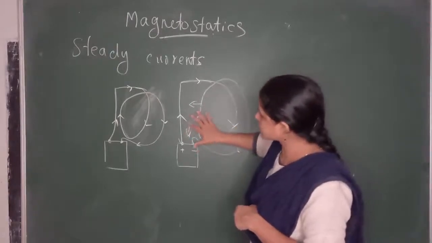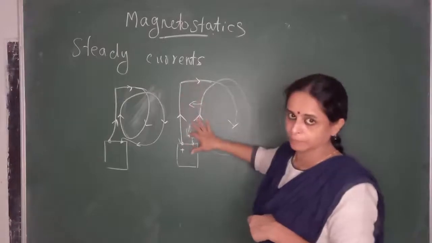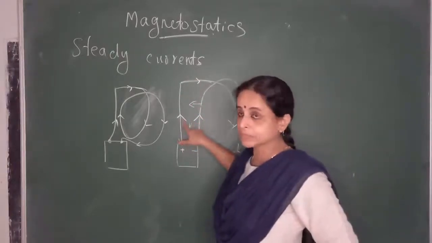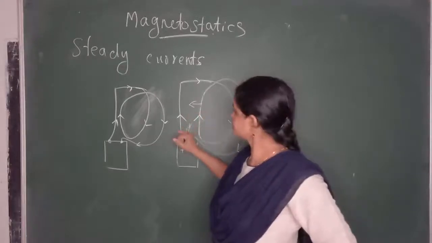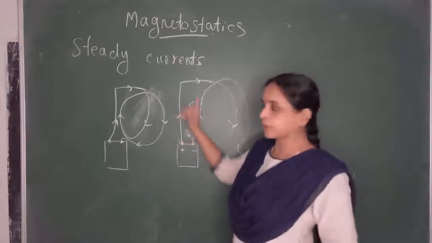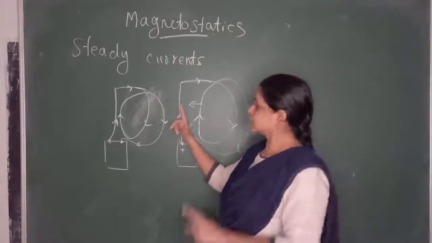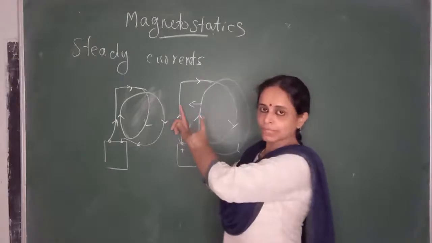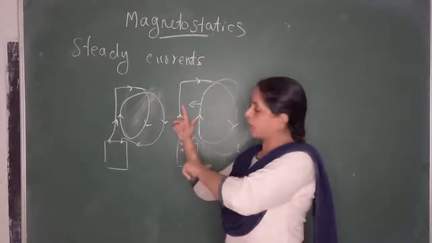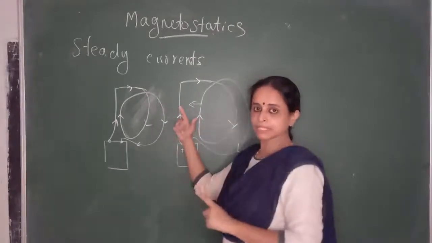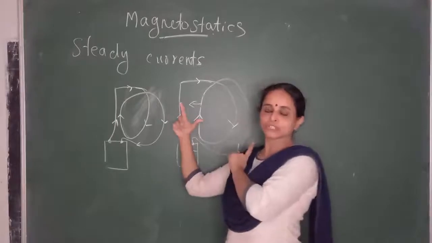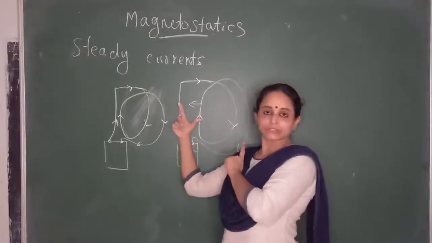So in that magnetic field we are placing the first wire. What is the direction of force on this first wire due to the second wire? You can see that the direction of the current here is in the upward direction. So this wire is placed in the magnetic field, and this magnetic field is acting out of the page due to the second wire. The thumb will indicate the direction of the force.